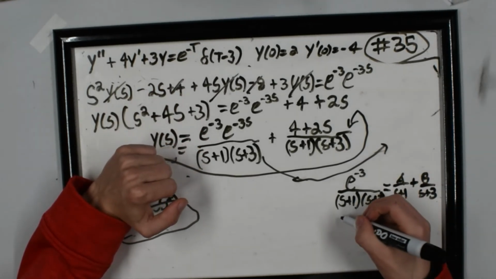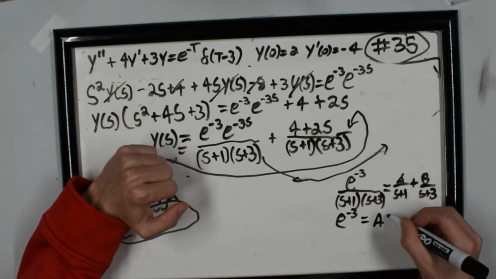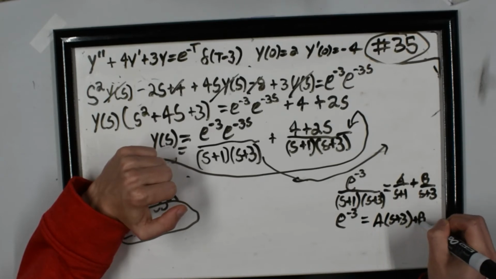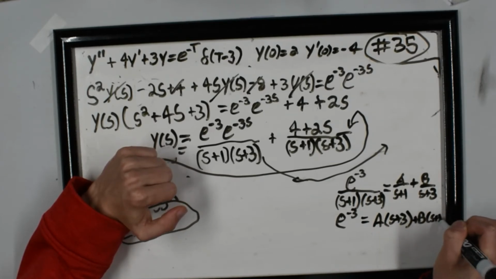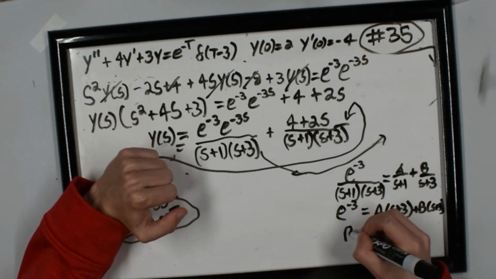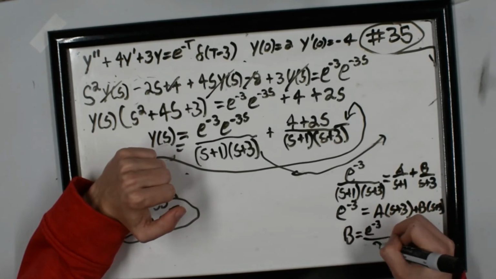Now it's just partial fractions. We get e to the negative 3 is equal to a(s plus 3) plus b(s plus 1). Not too bad. s is equal to negative 3, we get b is equal to e to the negative 3 over 2.